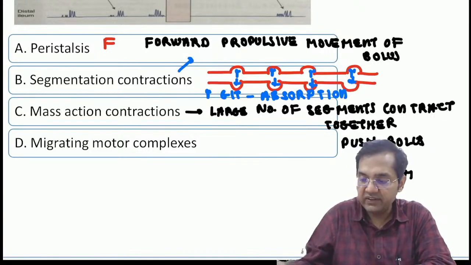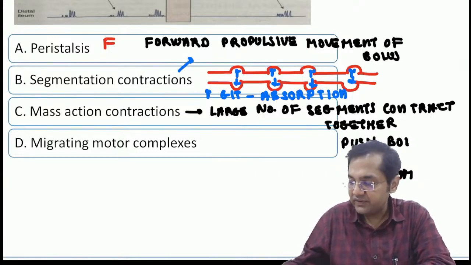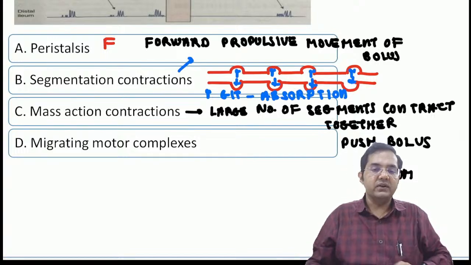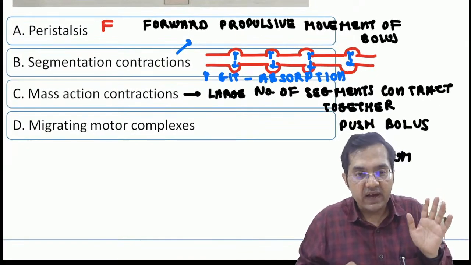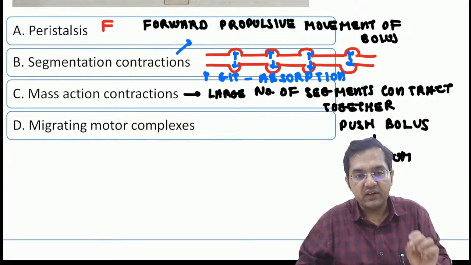So then we say, name has the answer. Just listen again. As the large number of segments contract together, they push the bolus as far as rectum. So this is commonly occurring in the middle of the transverse colon.